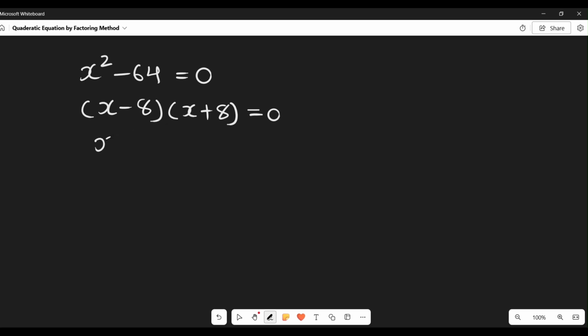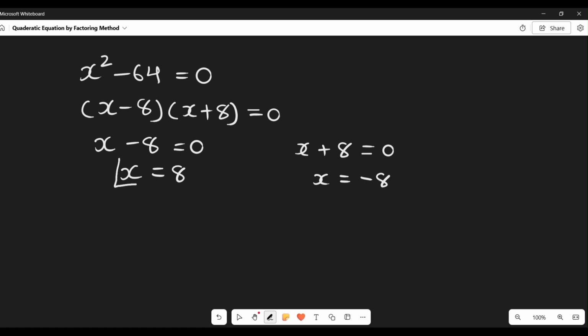So we can write either x − 8 = 0 or x + 8 = 0. Now, if we find the value of x, in this case x will be 8 and in this case x will be −8. So, for this equation, the value of x will be either 8 or −8.